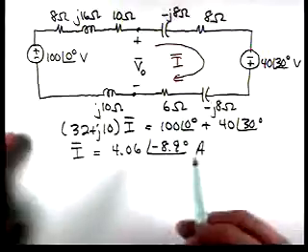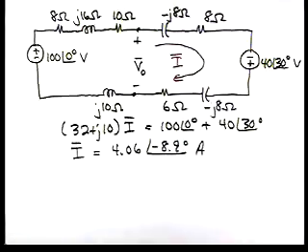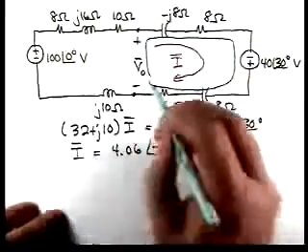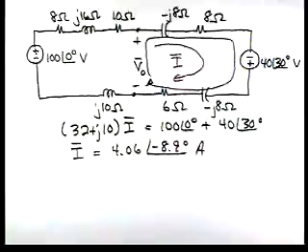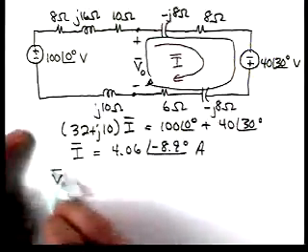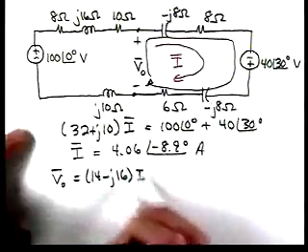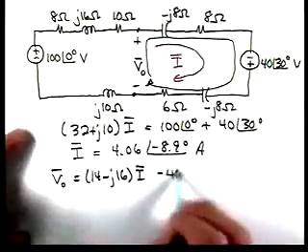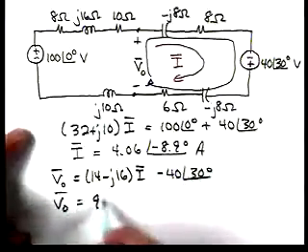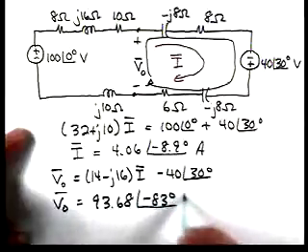And if we calculate V0 now, let's go around this loop to do that. Then V0 is (14 minus j16) times I minus 40 at an angle of 30, and V0 then is 93.68 at an angle of minus 83 degrees.